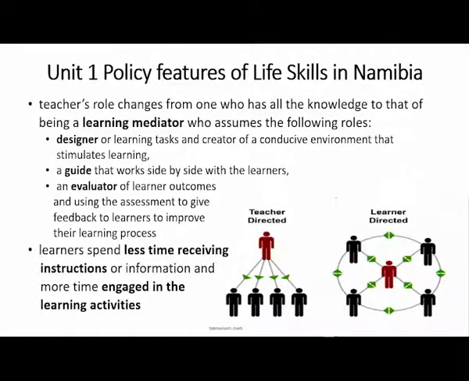You will evaluate the learning outcomes, and you will use the assessment to give feedback to learners to improve the learning process. So this is the role that you will be taking. Then learners spend less time receiving instructions and information and more time engaged in learning activities.